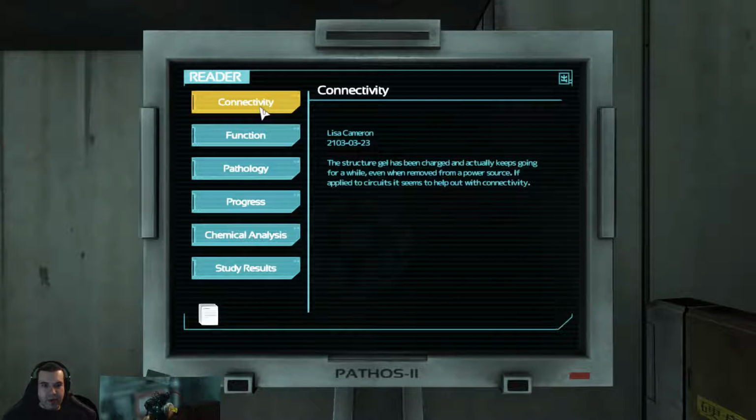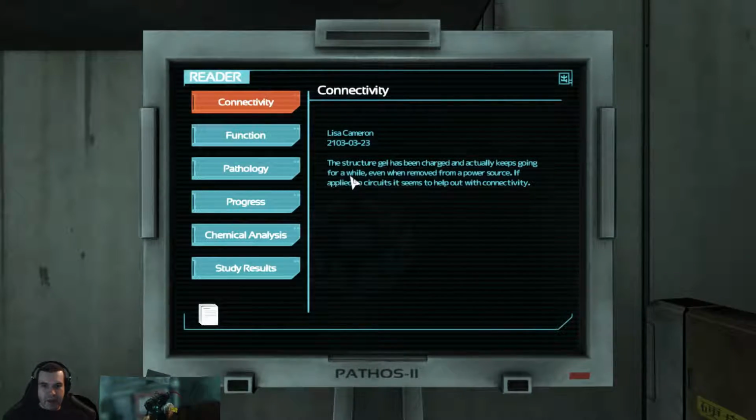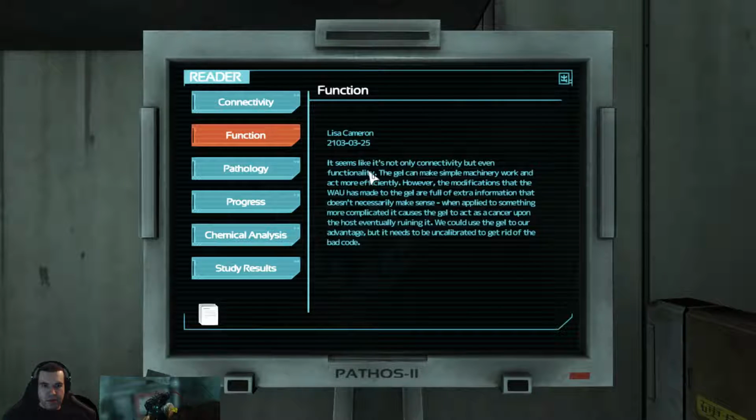Connectivity, Lisa Cameron, 2103323. The structure gel has been charged and actually keeps going for a while, even when removed from a power source. If applied to circuits, it seems to help out with connectivity. It seems like it's not only connectivity, but even functionality.